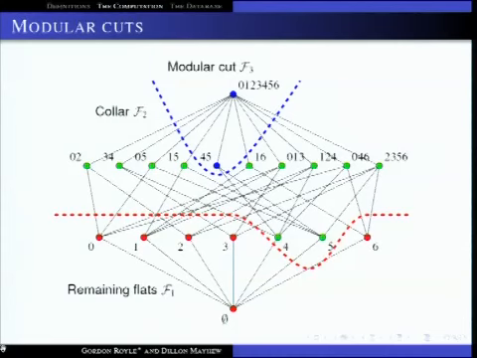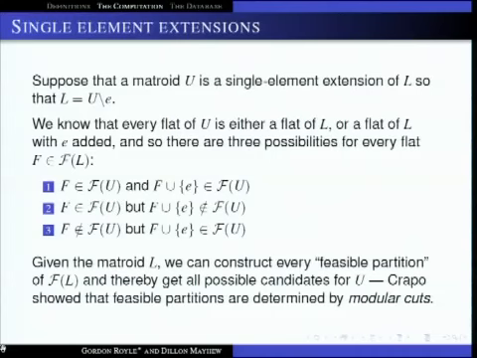Once you've chosen a modular cut, then everything that is covered by an element in the modular cut, the green things, in other words, with just one line going down, is called the collar, and everything else is called the rest. And the key point is that this partition, F1, F2, and F3, is exactly this partition, 1, 2, and 3.